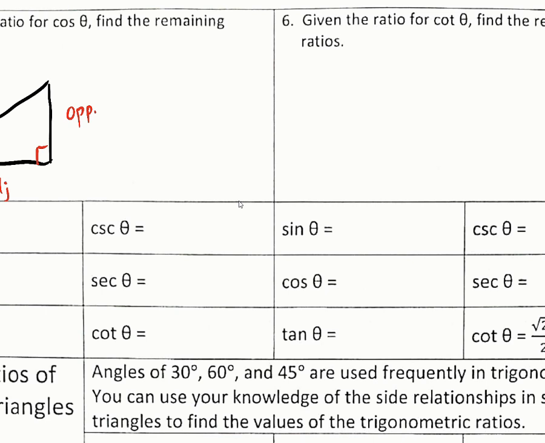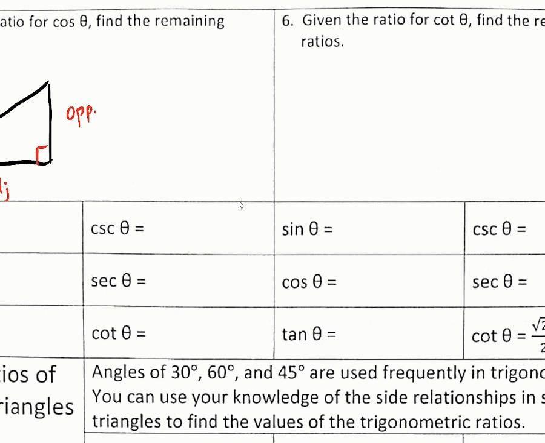So therefore, I want you to go look and see what they gave me. They gave me cosine of theta. Guys, remind me, what does cosine of theta equal? So, SOH CAH TOA. What does cosine equal? CAH, right? What does that equal?